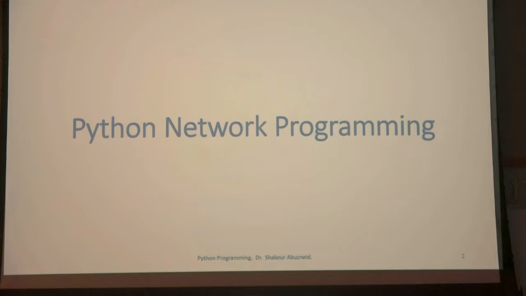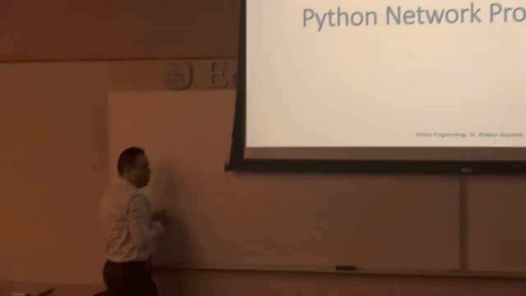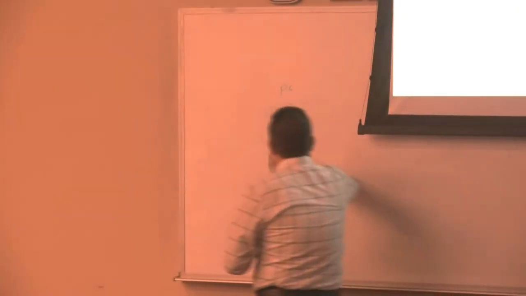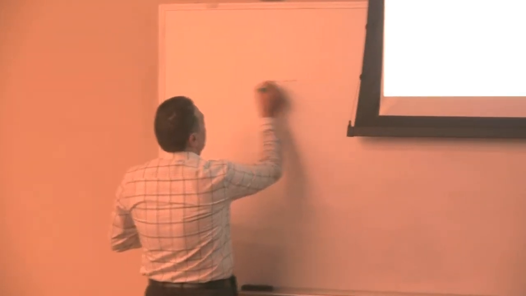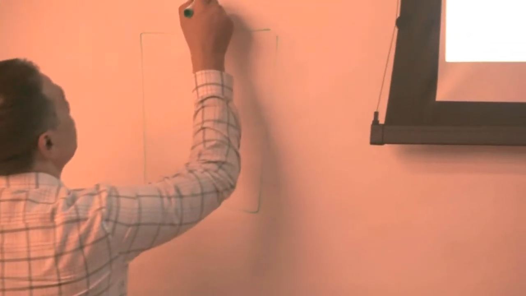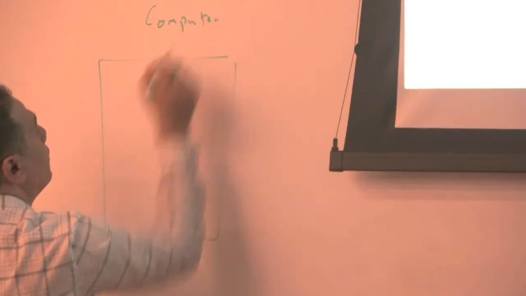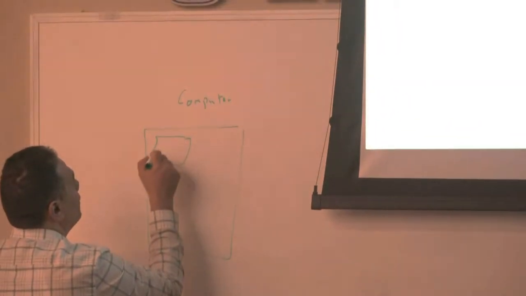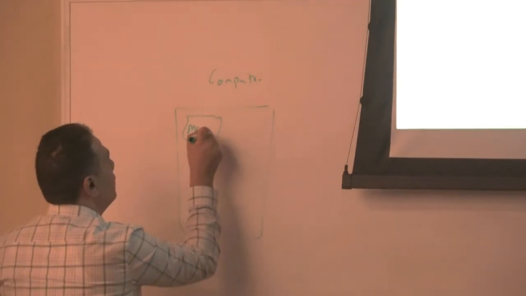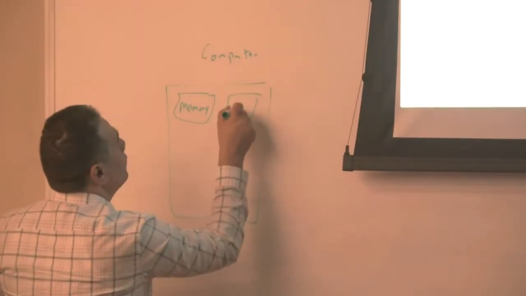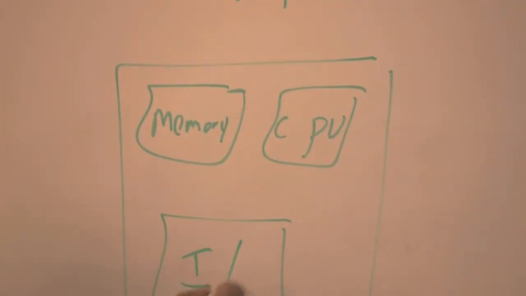In any computer, a PC for example, we have a memory, we have a CPU, central processing unit, and we have I/O, input output.